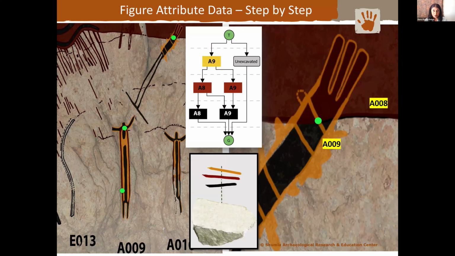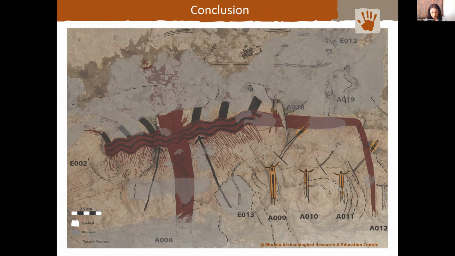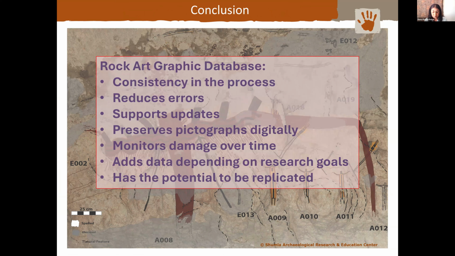So for my conclusion, the key features of the rock art graphic database include consistency in the process, it reduces errors, and has the ability to support updates. In 2023, guided by new research questions, Shumla refined the analysis of stratigraphic relationships between figures and their interwoven colors, adding the secondary and tertiary figures.